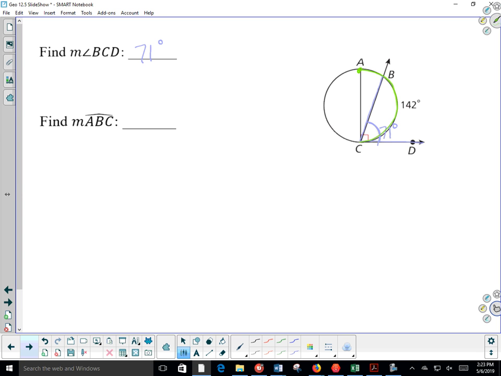And then you're saying this little arc is going to be 38, but what about arc ABC? It's just 180. Okay, and the reason we can say that not just because it looks like a semicircle, but because we actually see that angle ACD is a right angle. You get points off if we don't put a degree next to the arc. So put degree symbols.